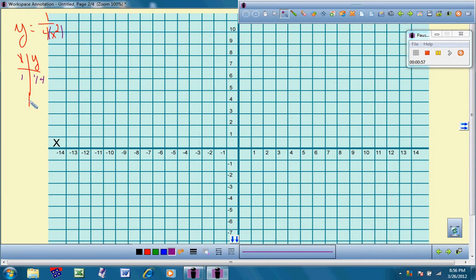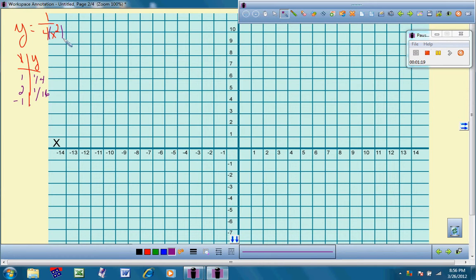Alright, let's go ahead and do 2. 2 squared is 4, 4 times 4 is 16, so y is going to be 1/16. Let's see what happens if you choose a negative value, such as -1.